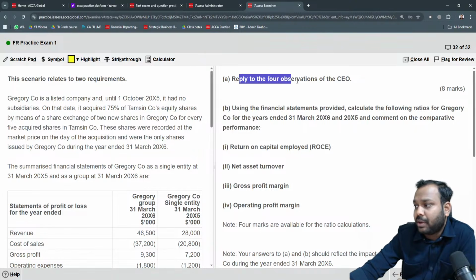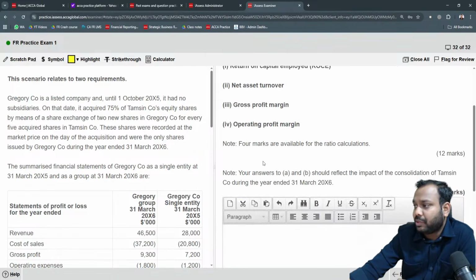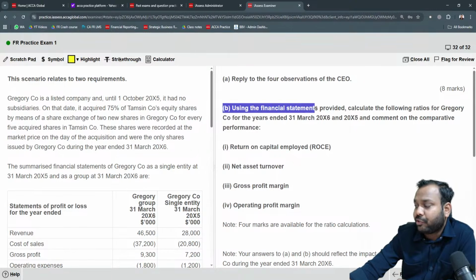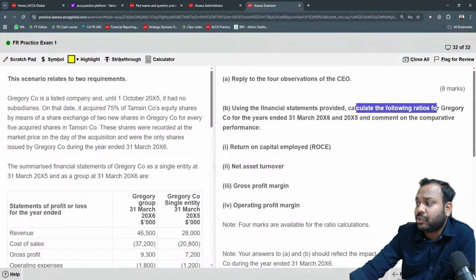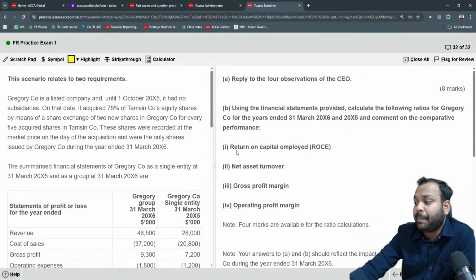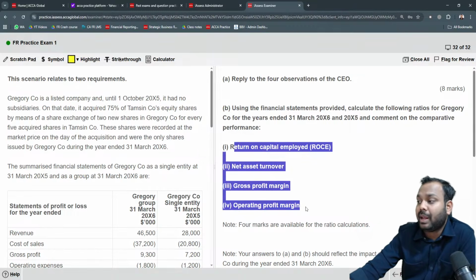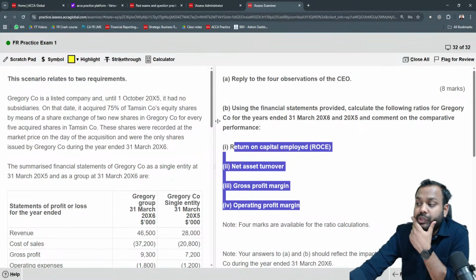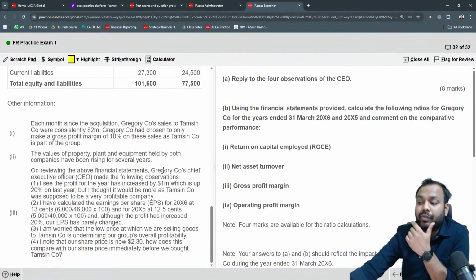See, reply to the observations. Okay, then see here. Using the financial statements provided, calculate the ratios and comment on the performance. Comment means analysis of the financial statements, taking the help of these ratios. So this is what you have to do in this analysis of financial statements.